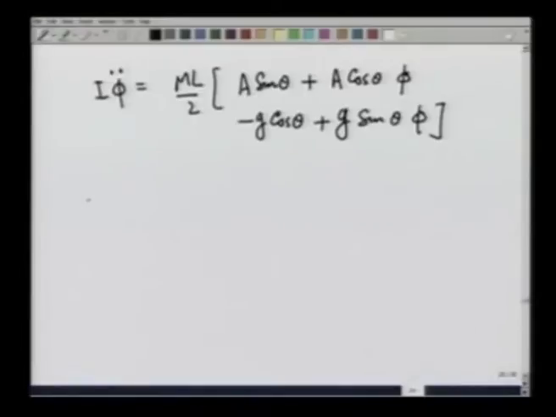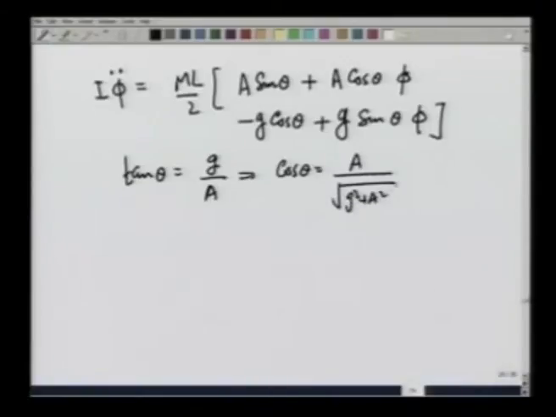Recall, tangent theta is g over a, and therefore, cosine theta is equal to a over square root of g square plus a square, and sine theta is g over square root of g square plus a square.